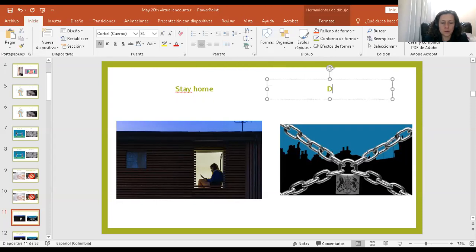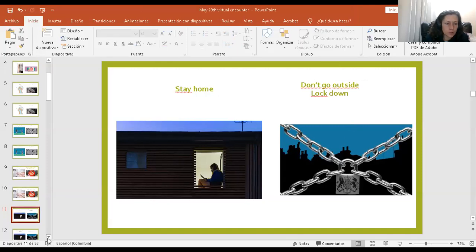Down, maybe. Then what? You know what is the word for this object? Lock. Exactly. Lock. So lockdown. That's the verb, lockdown. Good.